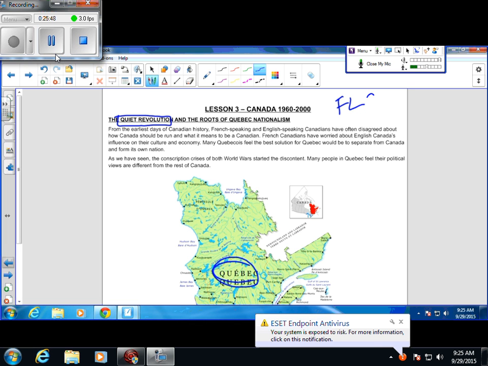So these are your learning goals for today: the Quiet Revolution, why Quebec wants to be different and separated, and the terrorist group known as the FLQ.